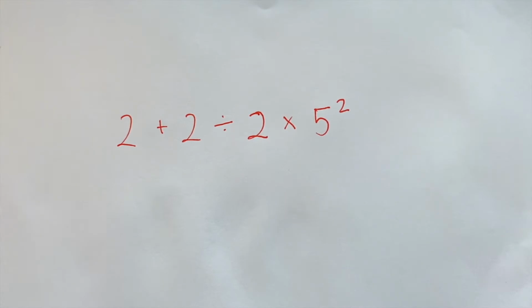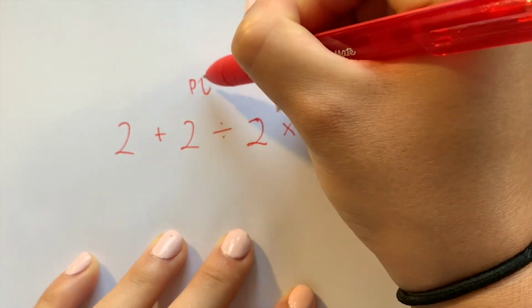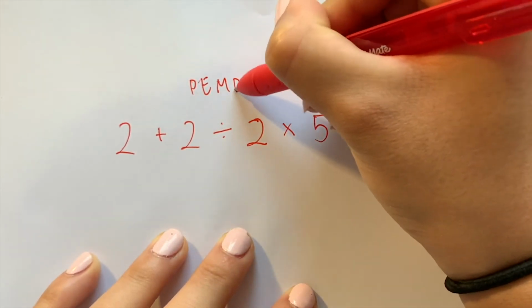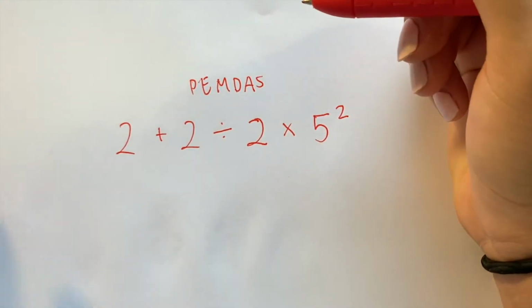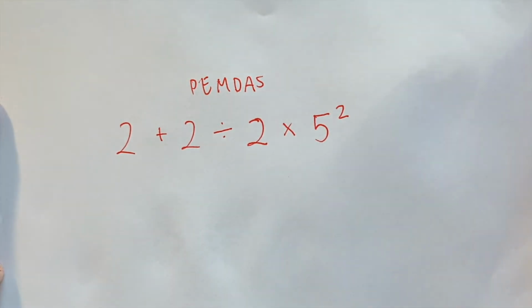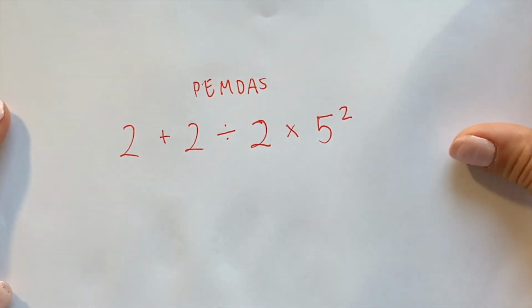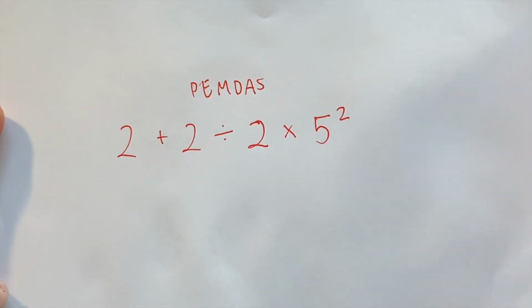Here we have our second problem, which looks a little bit of a mess because we have addition, division, and multiplication. But again, to help you remember, always write down PEMDAS, just so that you have it there to look at while you're solving a problem. Okay, so we don't have any parentheses and we don't have any exponents, which means that we could go ahead and jump into multiplication.